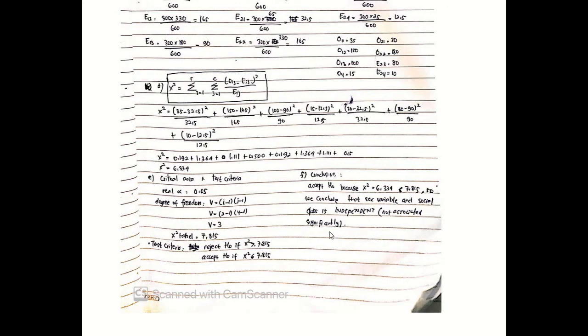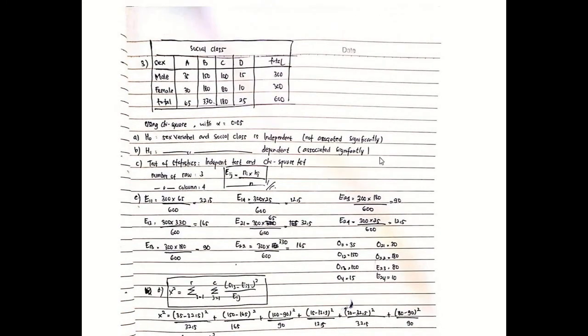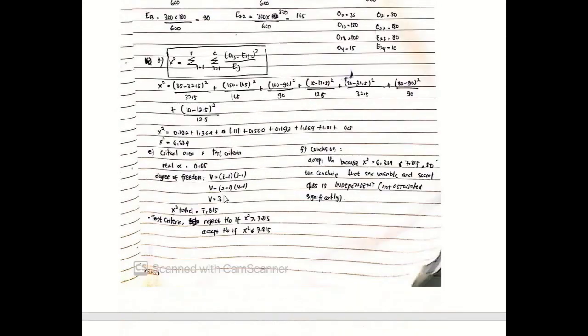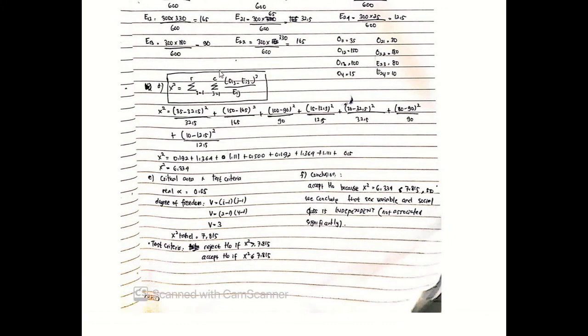So we conclude that the sex variable and social class are independent, or not associated significantly, from the hypothesis we made at the first time. So I think that's all for number 3.